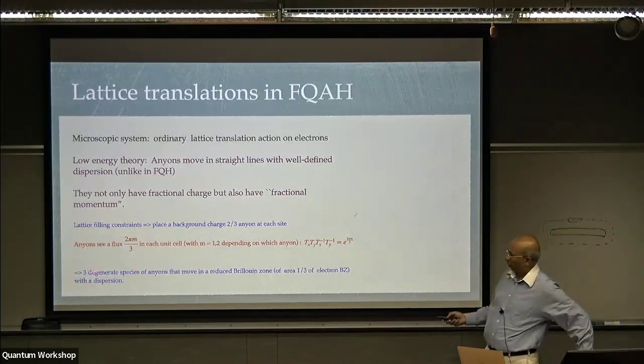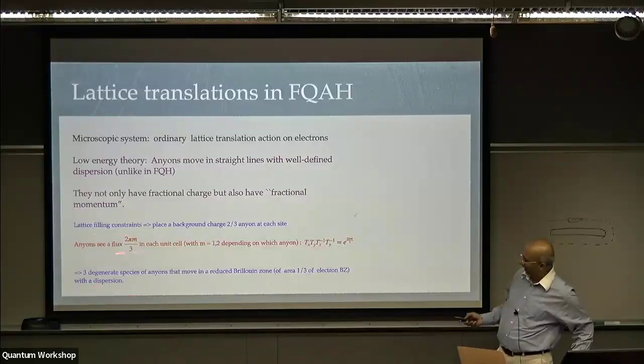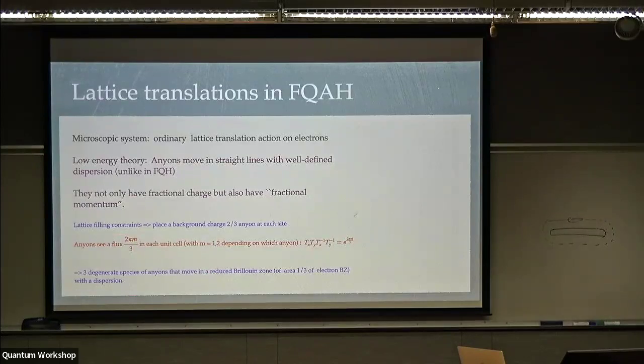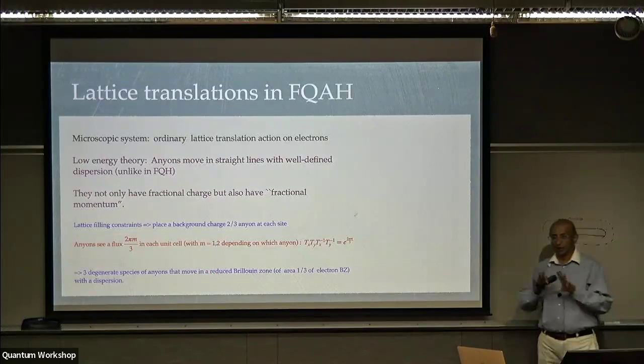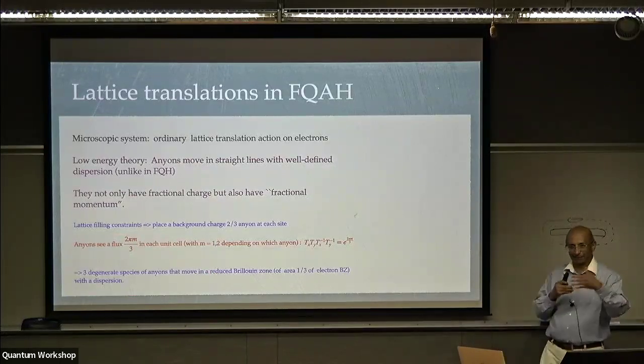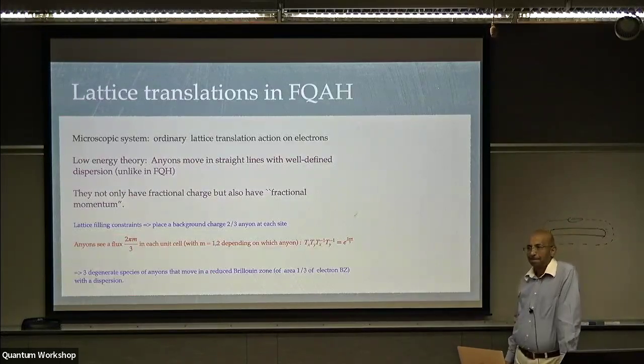And what you end up with, in the case of 2/3 filling, is 3 degenerate species of anyons that will move in a reduced Brillouin zone of size 1/3 the size of the original Brillouin zone, right? So the anyon kinetic energy is well defined. It's just that it's split into 3 different bands. Yeah. And here you're just talking about the single particle states, right? Absolutely, yeah, that's right. We'll do many body physics soon.